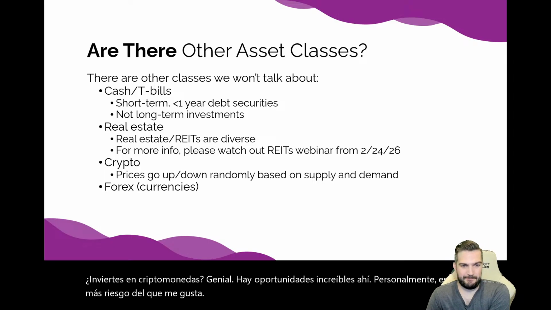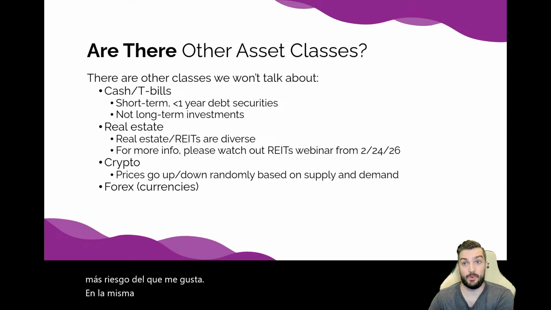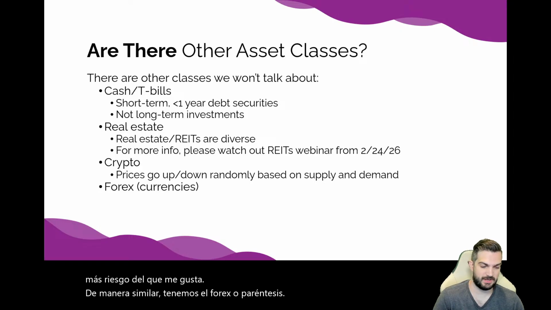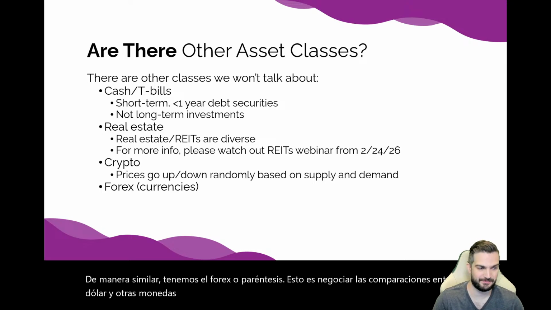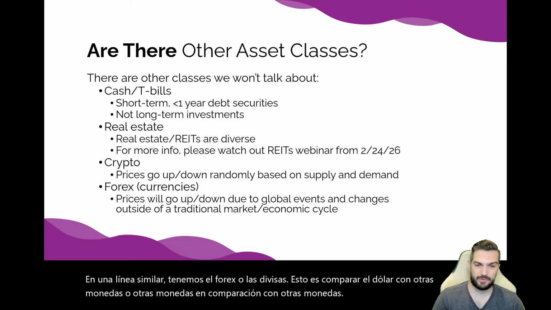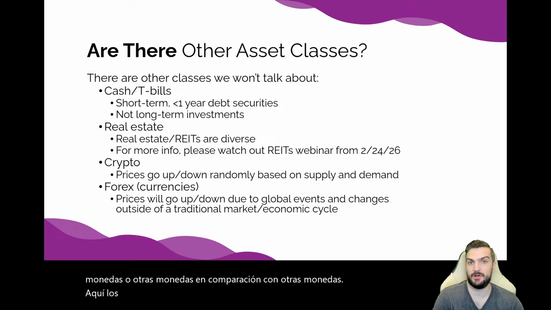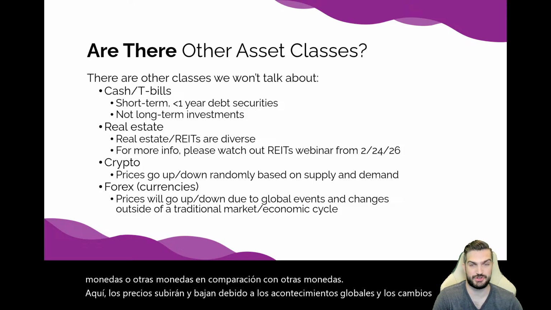In a similar vein, we have Forex or currencies. This is trading the comparisons between the dollar and other currencies, or other currencies compared to other currencies. Here, prices will go up and down due to global events and changes that exist outside of the traditional market and economic cycles.